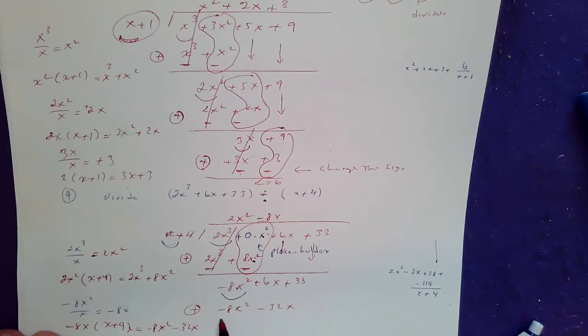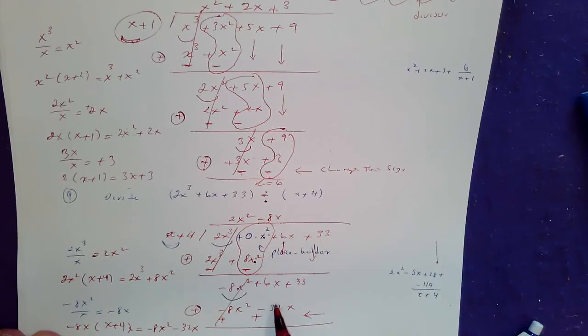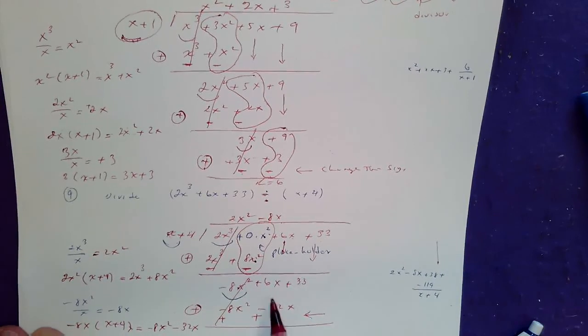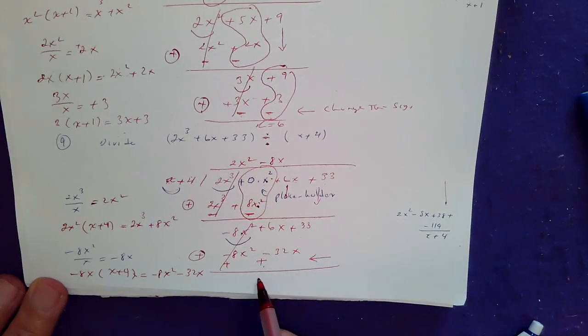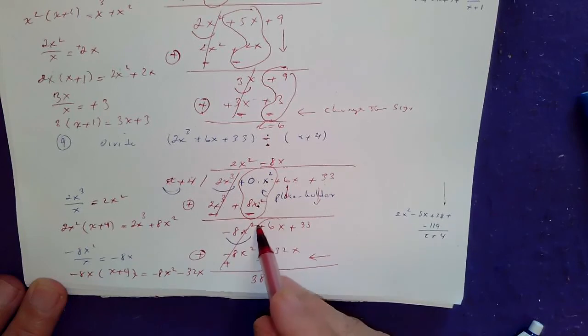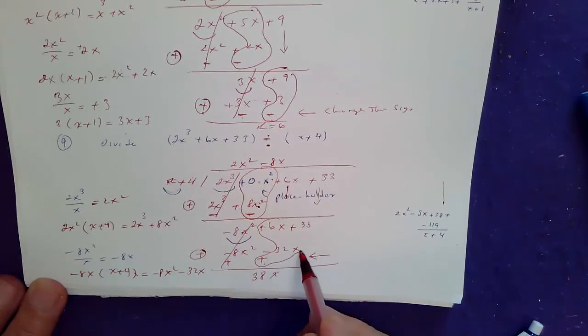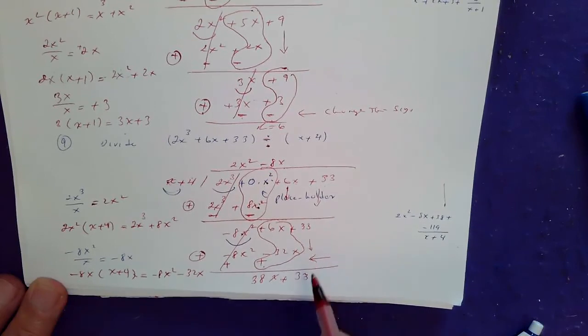Okay, add, but don't forget to change the signs here. These guys cancel, but remember this is no longer negative 32x, it's positive 32x. Positive 32 and positive 6 is positive 38x. Plus, bring down the 33.